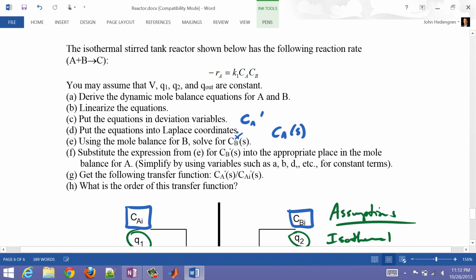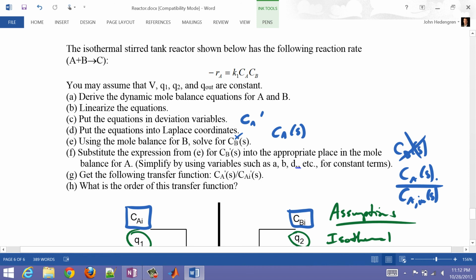You can generally just leave off that prime. Then we substituted this into the appropriate place in the mole balance for A to get rid of the CB of S, so it was just CA of S and CA in of S. We're trying to get a transfer function between those two.